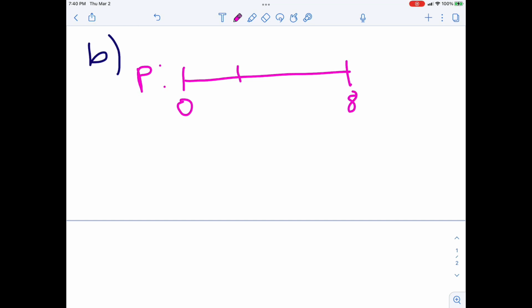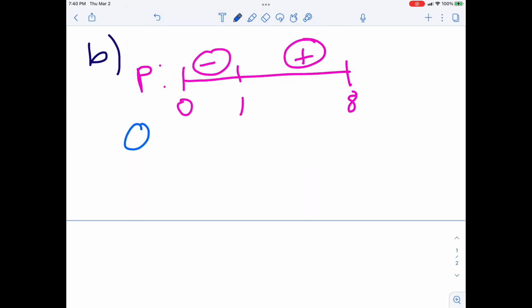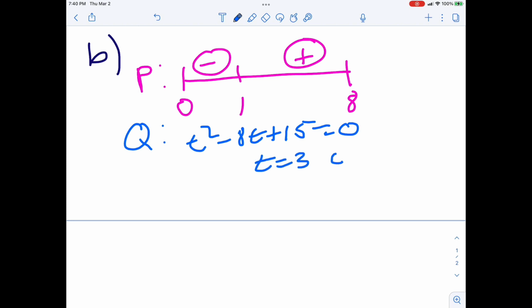It's 0 to 8, and then 1, and this is negative and this is positive. Now we need to look at particle q and see where these signs overlap. The velocity for particle q is t² − 8t + 15. If t² − 8t + 15 = 0, then t = 3 and t = 5.